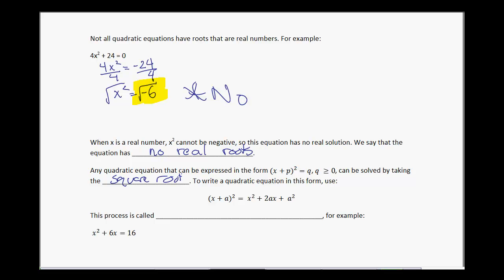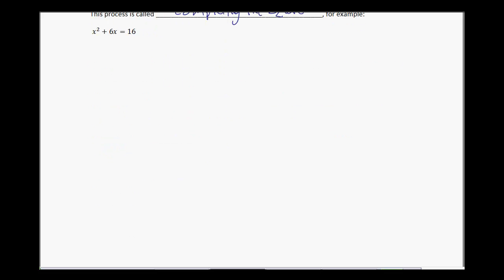To write a quadratic equation in this form, x plus a all squared equals x squared plus 2ax plus a squared. This process is called completing the square.